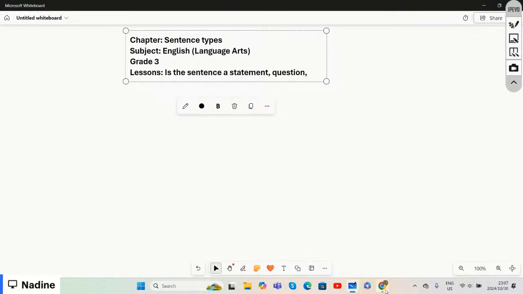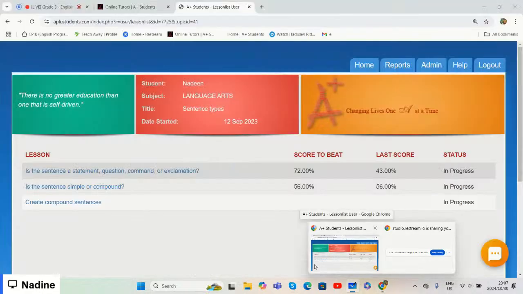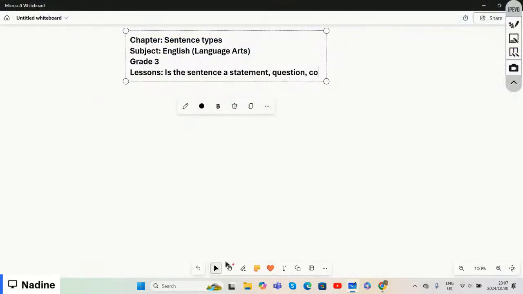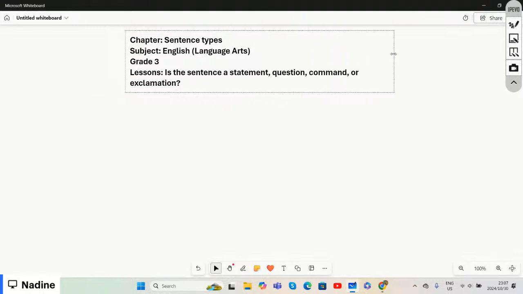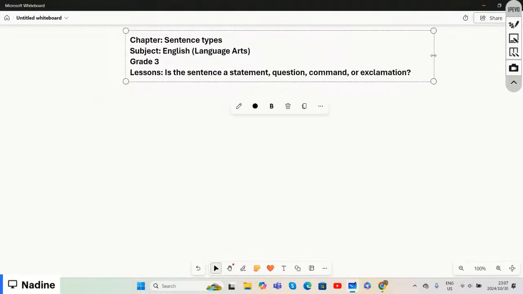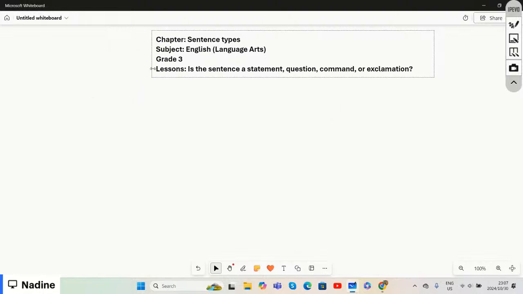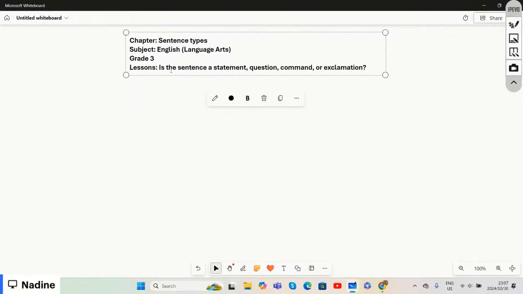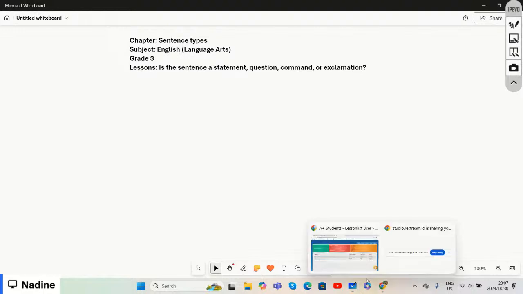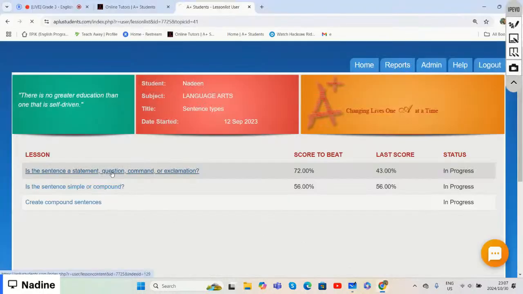Is it a command or exclamation? So that is going to be our lesson for today. We need to say, is a sentence a statement, a question, a command or exclamation?